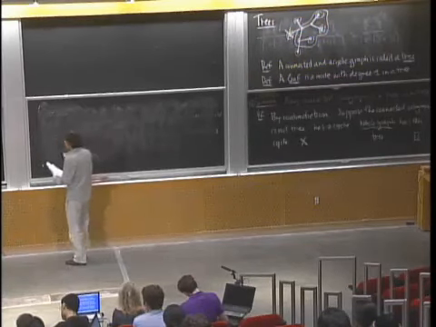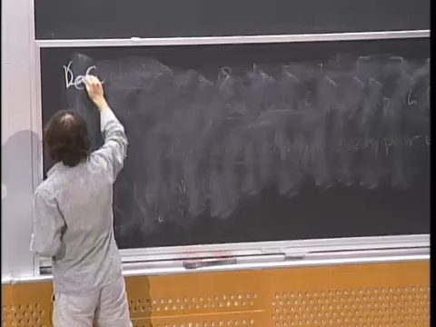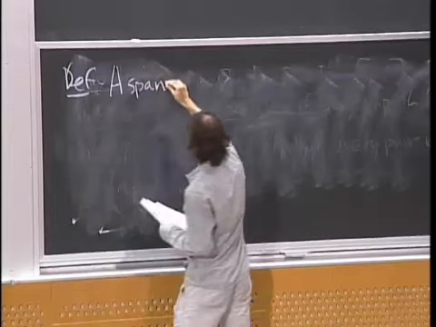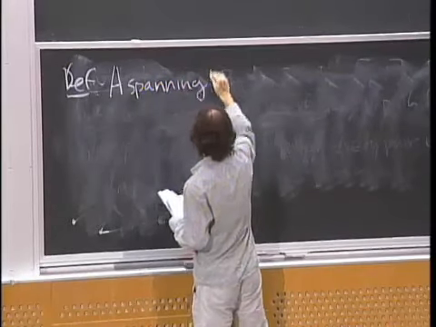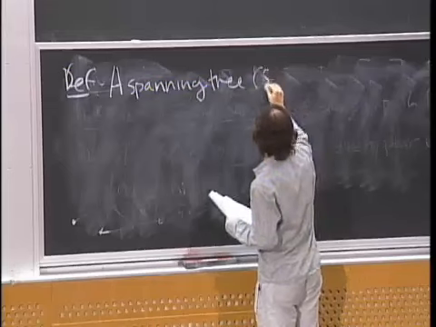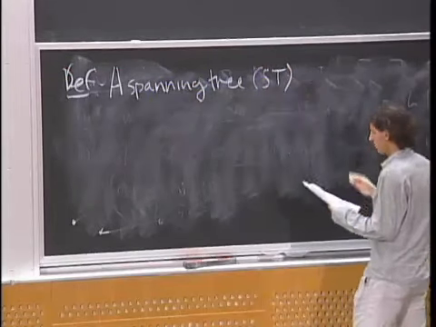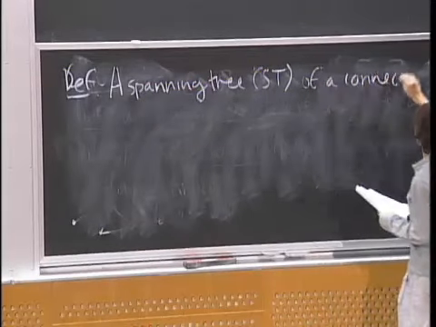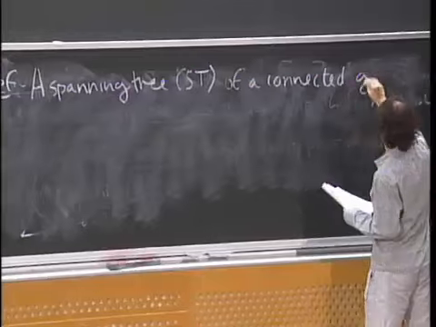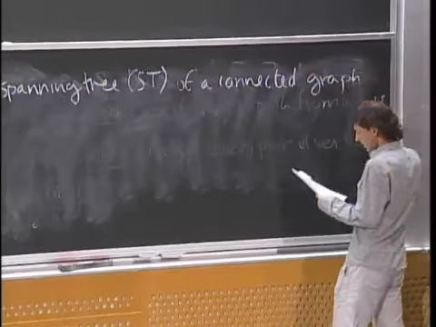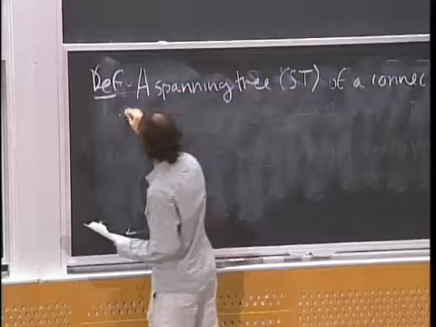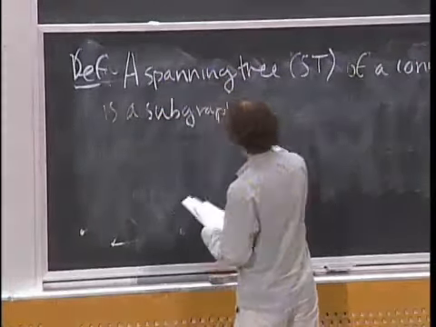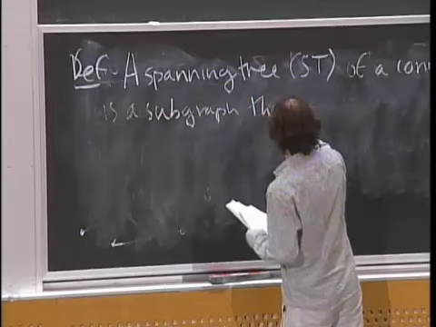Okay. So let's define a spanning tree. A spanning tree, and we abbreviate this as ST, of a connected graph is actually a subgraph that is a tree.